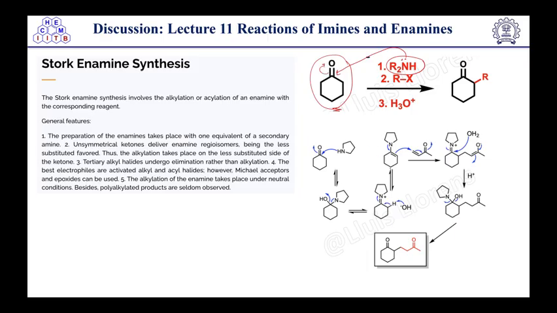After this one, we get the enamine as the intermediate. Why is it called an enamine? Because we have a double bond, ene, and an amine here. That's why it's written as enamine. Okay. So this is the enamine we are getting as an intermediate. Now after getting this one, what's next? We have learned about aldol condensation and aldol reactions, right?